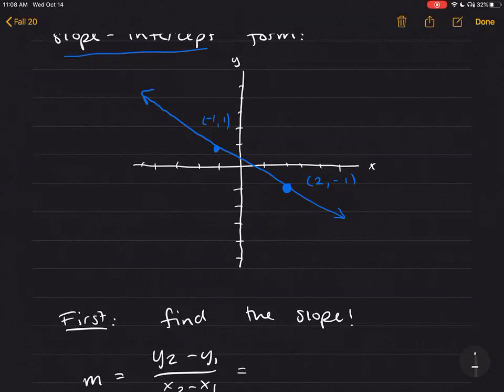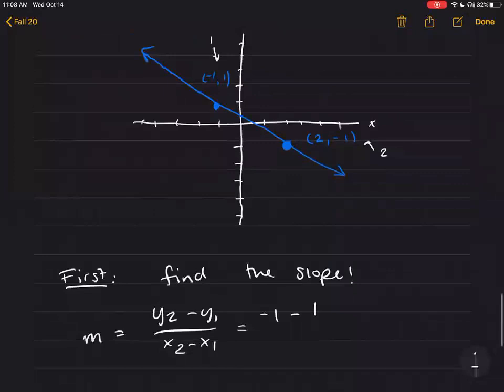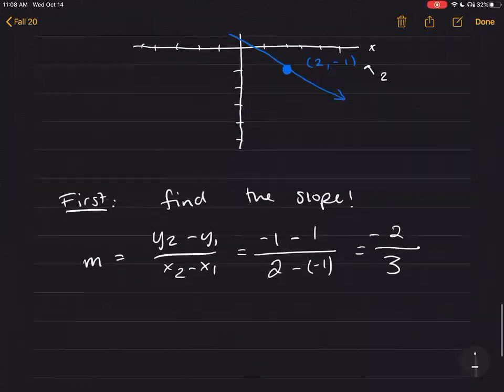I'm going to make this one the second point, this one the first point. So y2 is -1 minus y1 is 1 over x2 is 2 minus x1 is -1. So this becomes -2 over 3, since minus -1 is +1. And so this becomes -2/3. So that's the slope.